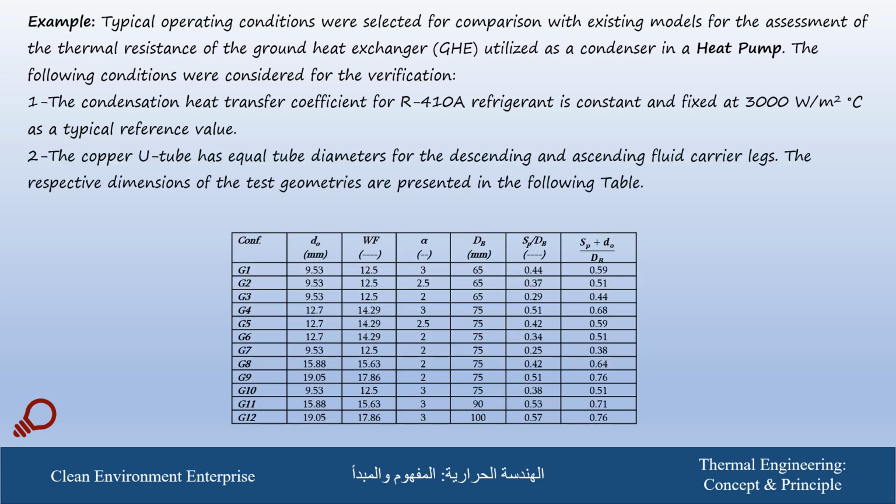The copper tube has the same diameter for both legs, and 12 geometries will be considered in this example, with diameters 9.53, 12.7, 15.88, and 19.05, with different values of alpha, which represents the constant of the tube spacing, B sub B 65 millimeter, 75 millimeter, 90 and 100, with the other dimensionless parameters as shown in this table.